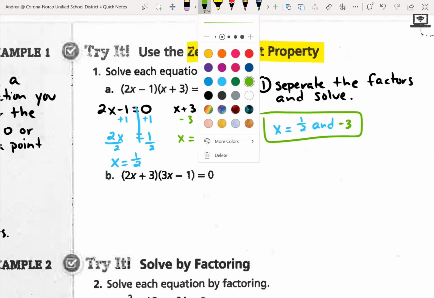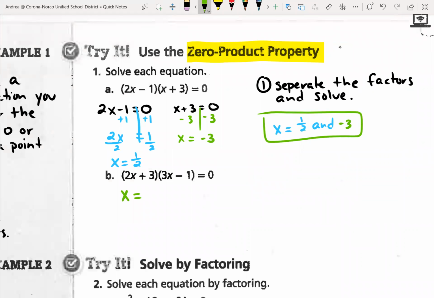Yep. Okay, so it should be 3/2, and it should be -3/2. And what's the other one? And 1/3. Okay. Any questions on how we got that?